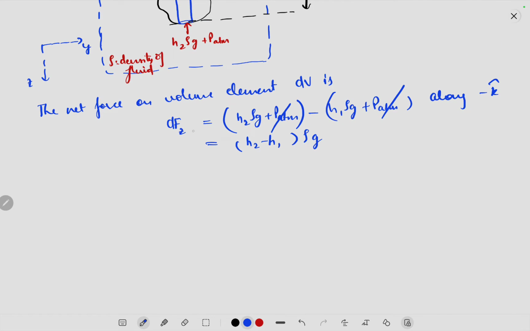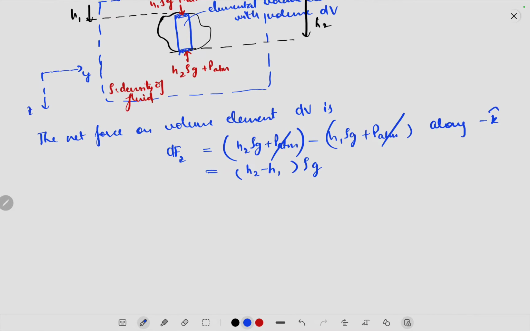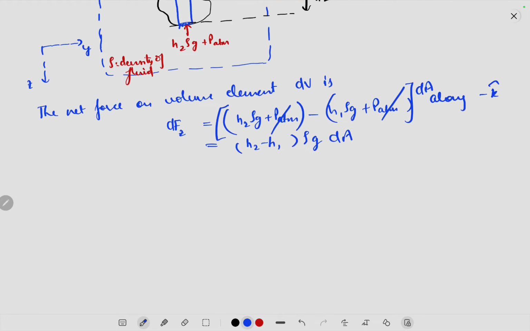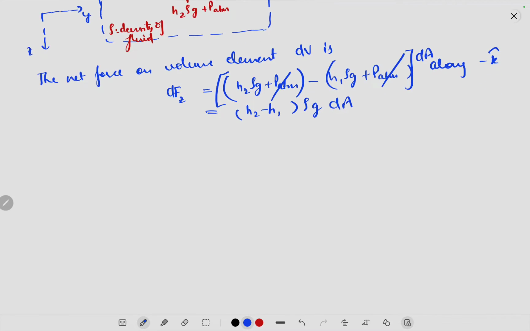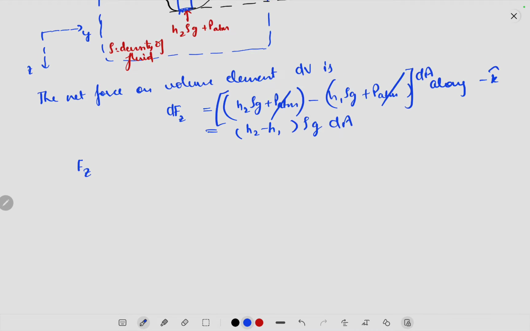So this is the pressure value, so that's why we have to multiply the area of these surfaces also, right? So let's say the area is dA and this will be multiplied with dA. So this will be the force acting along minus k hat direction. Now what will be the total force along minus z direction?